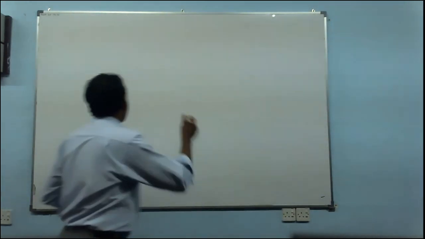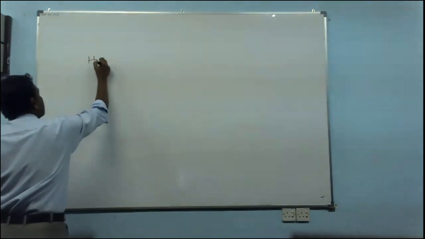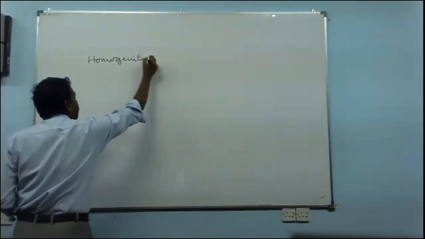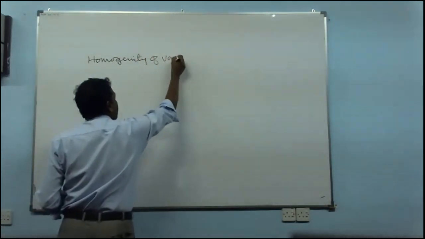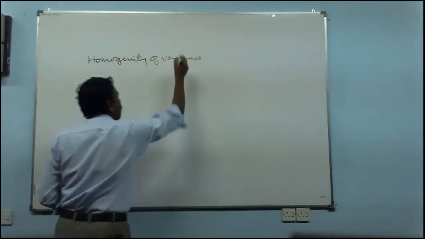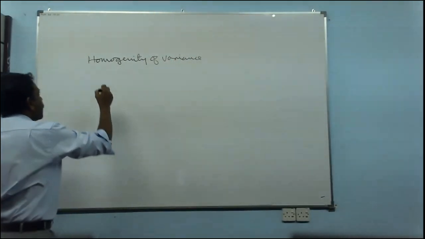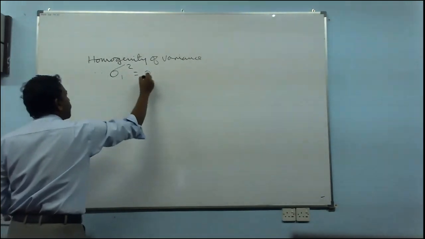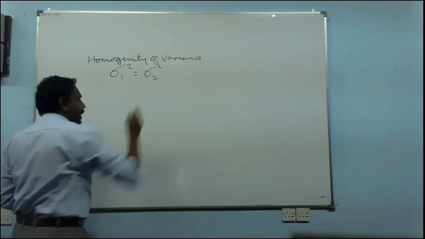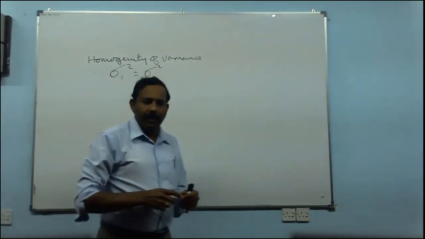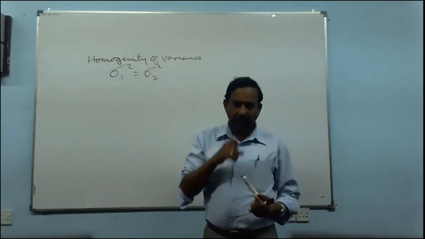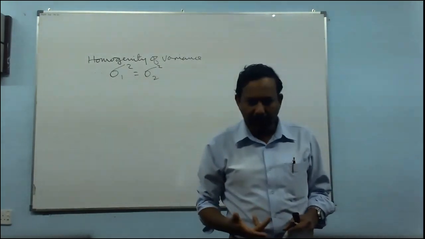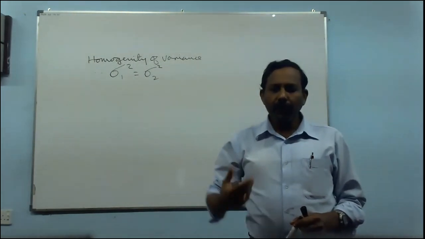Can you remember homogeneity of variance? We assume sigma 1 square is equal to sigma 2 square. So that means the variance of the first population is equal to the variance of the second population. That is the assumption that we take in a pooled t test.